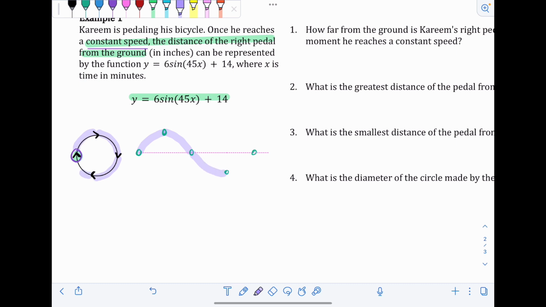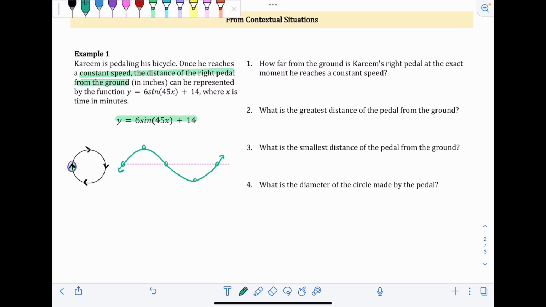And then he goes from the lowest point back up to that middle height. So that's this section. So we took that circular movement that the pedal goes in and translated it to a graph that's changing over time. So it moves like this. And now we can use this as a visual to help us answer these 4 questions.